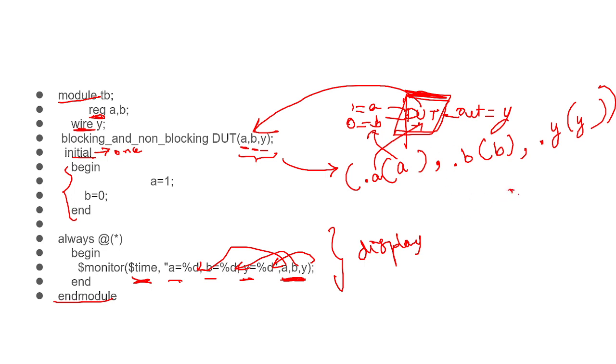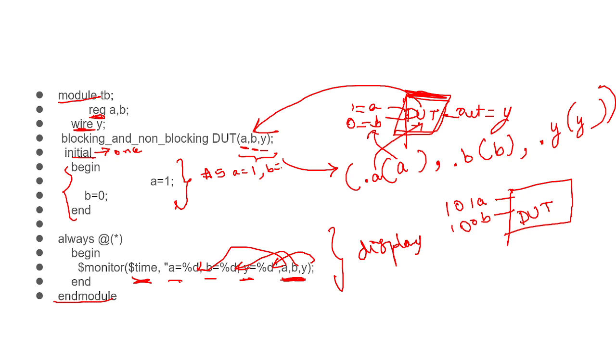So if I wish to apply all the combinations, I will apply with some delay. So first I will apply 0 and 1, then 0 0, then say 1 1. So while passing the inputs in this initial begin block, I will first define hash 5, a equal to 1, b is equal to 1. Then again with some delay I will apply 0, b is equal to 0. Again some delay, 1, b is equal to 0.